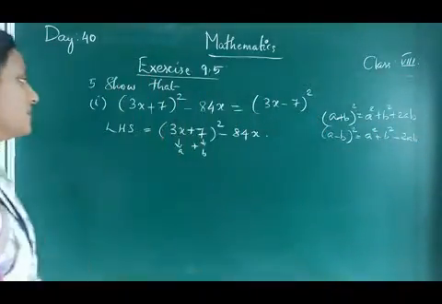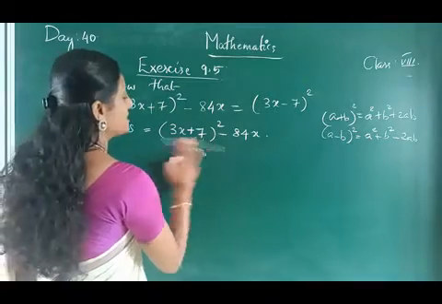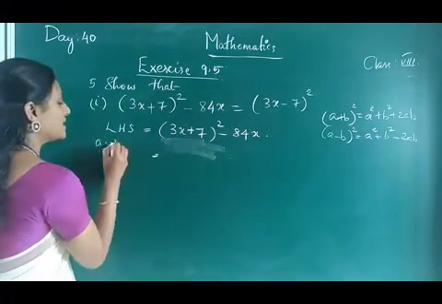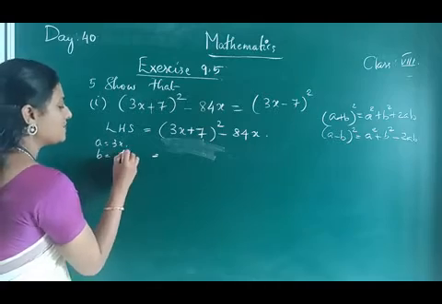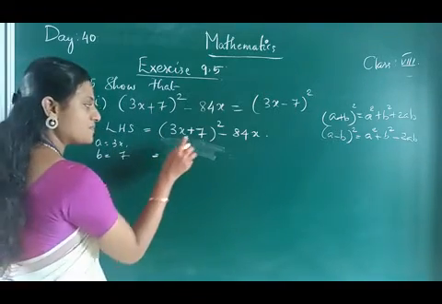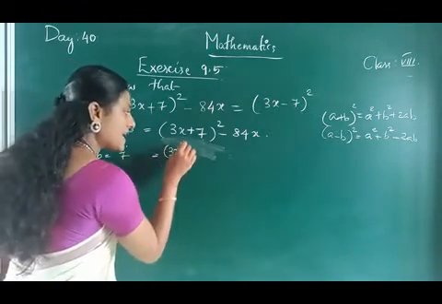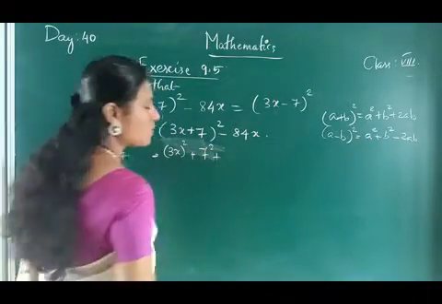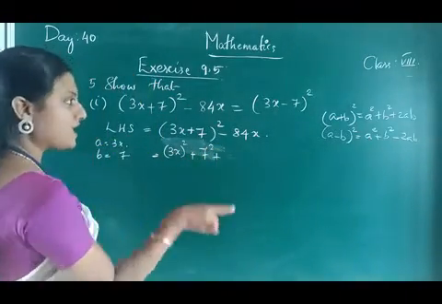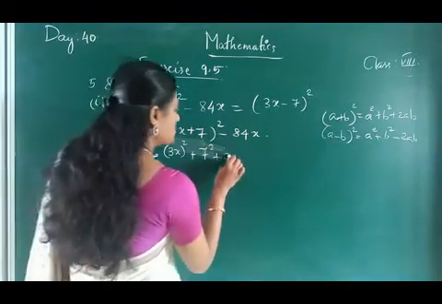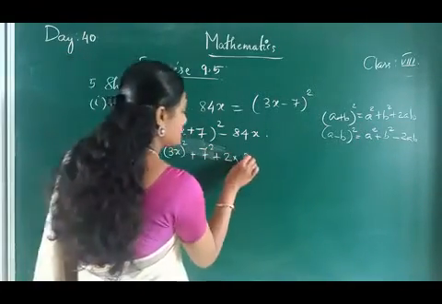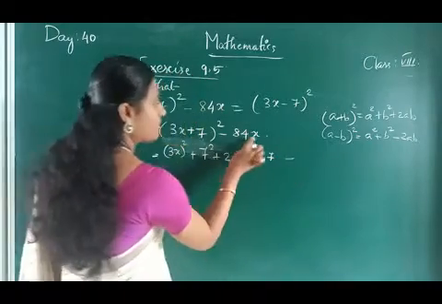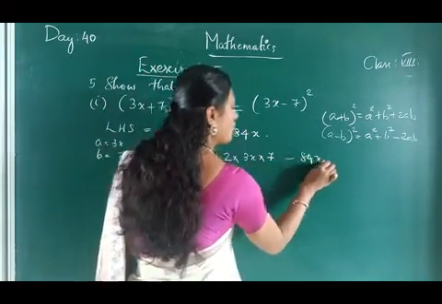Then what is (3x plus 7) the whole square? A is 3x, B is 7. So A square plus B square means (3x) the whole square plus 7 square plus 2 into A into B, that is 2 into 3x into 7, then minus 84x.